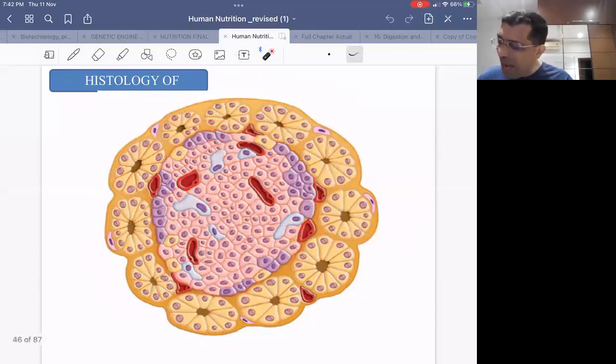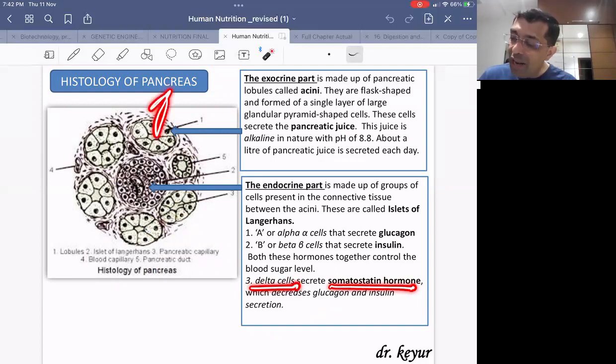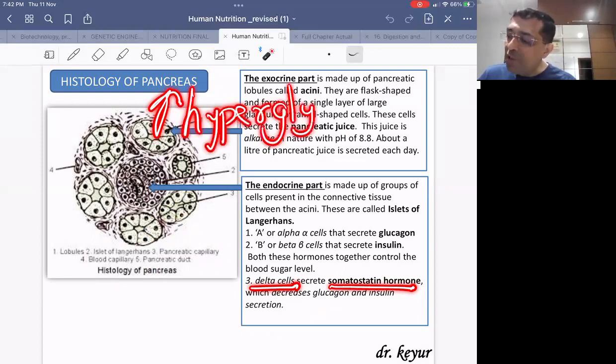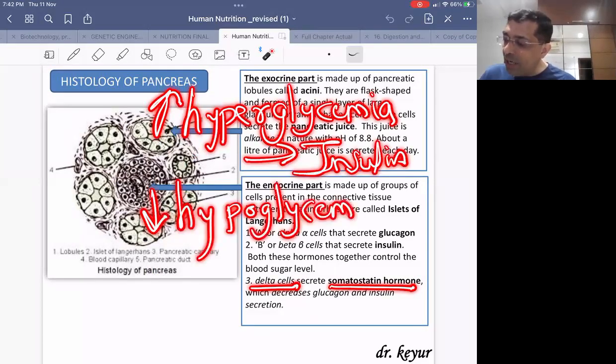And then you have a hormone called as somatostatin given by delta cells. Sir, अगर आपका blood sugar level high है, which is called hyperglycemia, then it will start secreting insulin, help in the release of insulin. If you're having low blood sugar, which is hypoglycemia, then it will help in the release of glucagon.